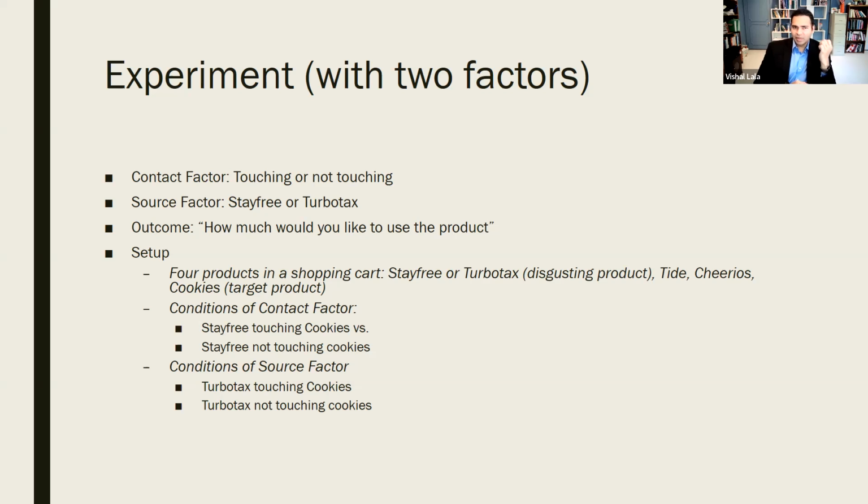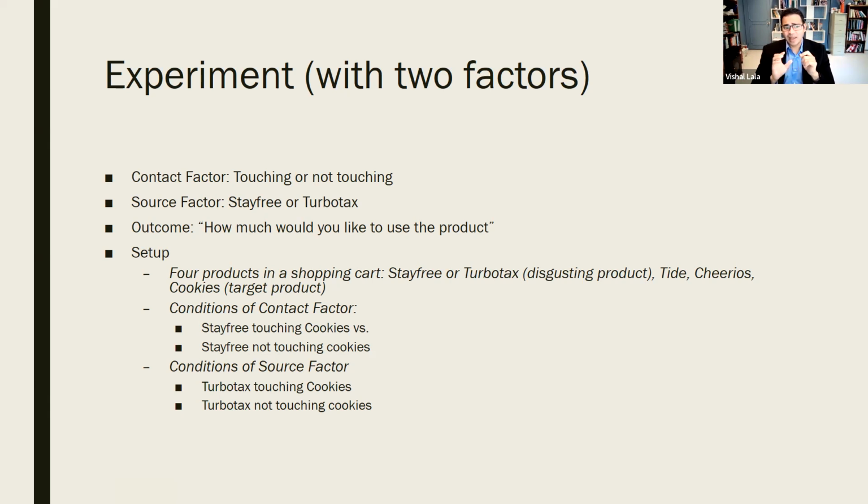So what is it about Stay Free? Well, because it's not desirable, maybe. They took another undesirable product. Nobody likes doing taxes. So they had a box of TurboTax software, with a CD and DVD and so on in that. They decided to use that as their second product.